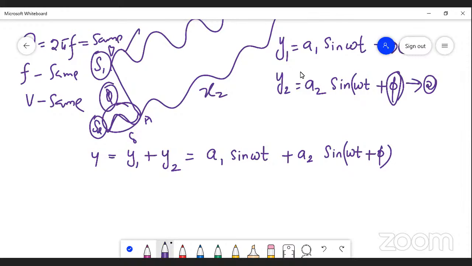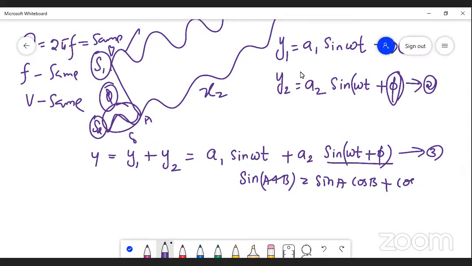This is the basic information of the two waves. For the sum we use the formula for sine of a plus b, which is equal to sine a cos b plus cos a sine b.